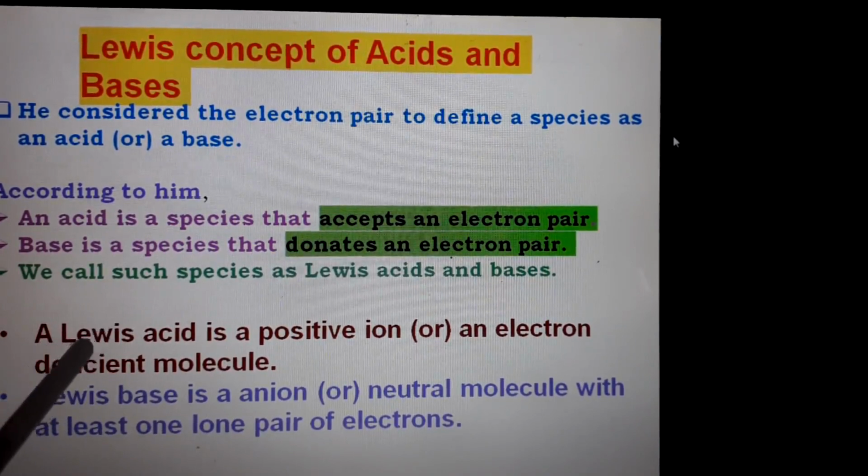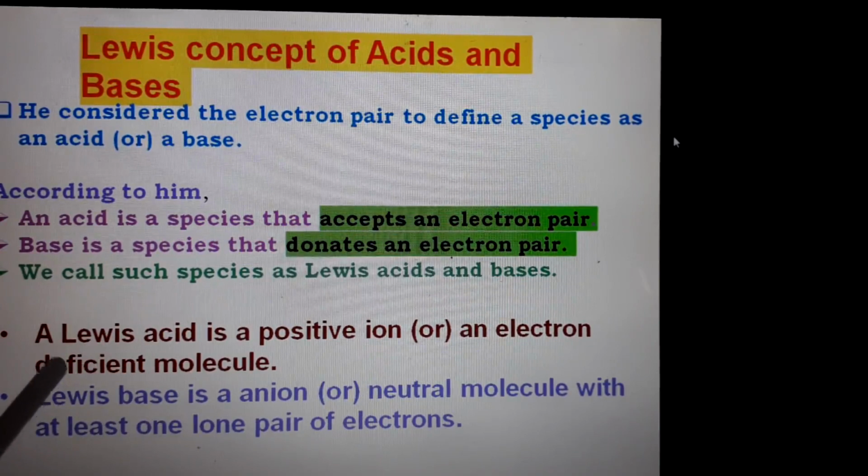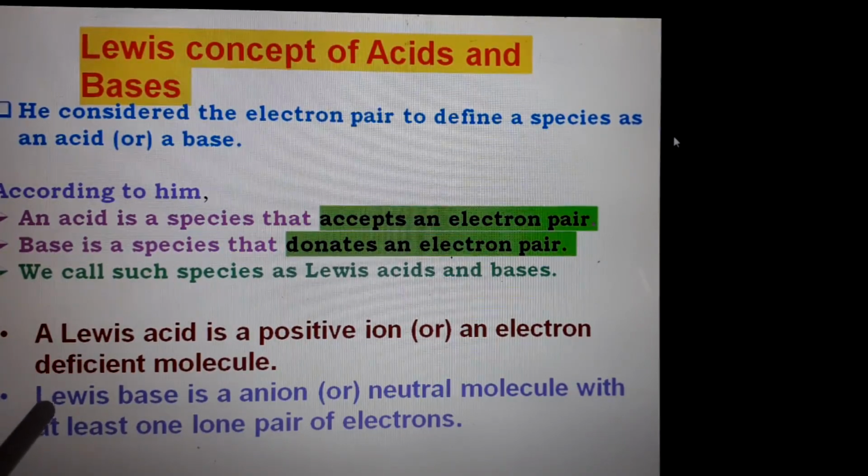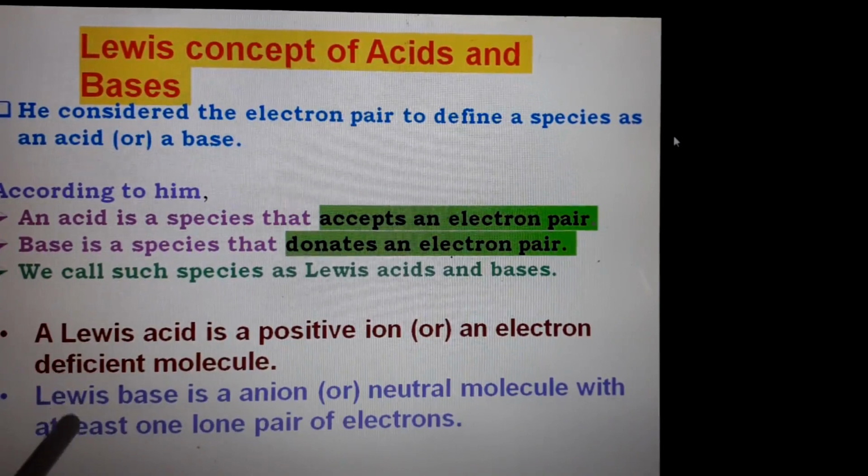Lewis acid is a positive ion or electron deficient molecule without electron pair. Lewis base is an anion or neutral molecule with at least one lone pair of electrons. This is the definition of acid and base.